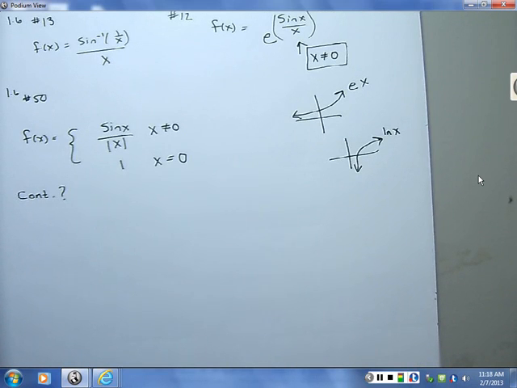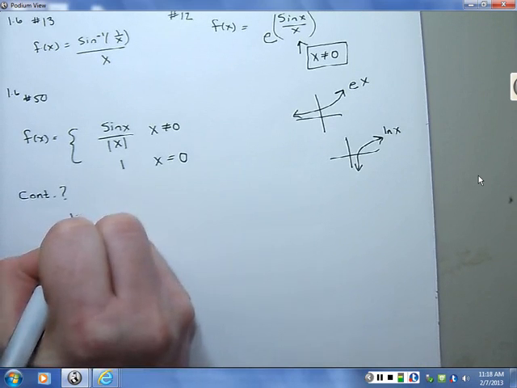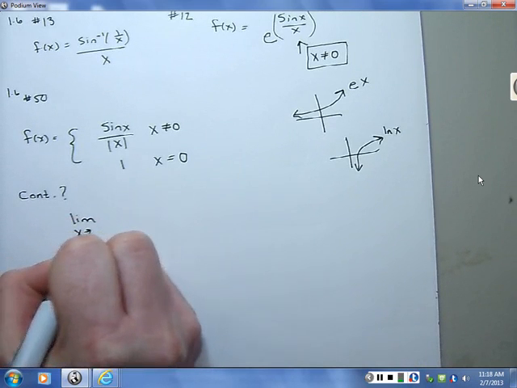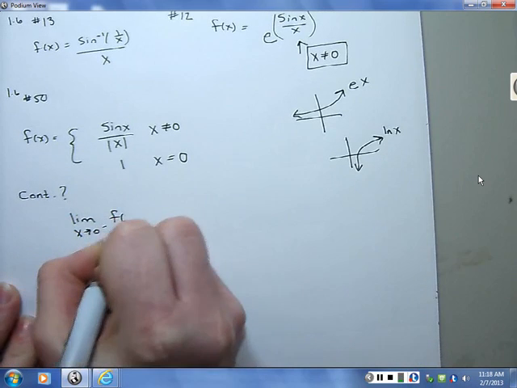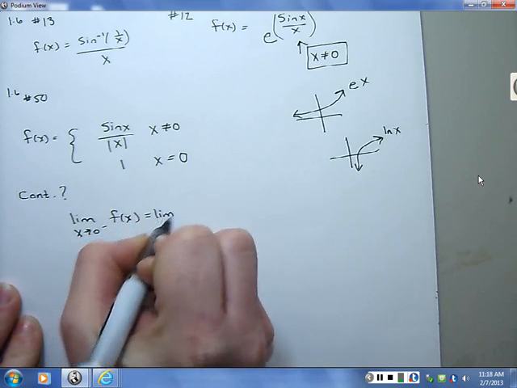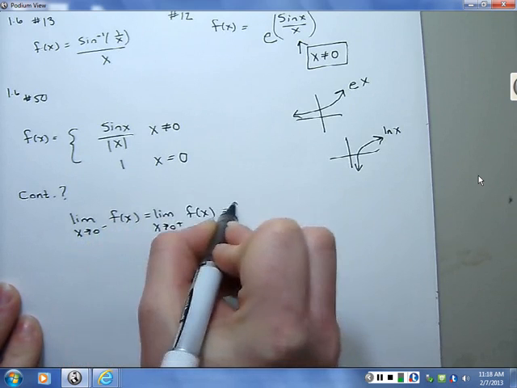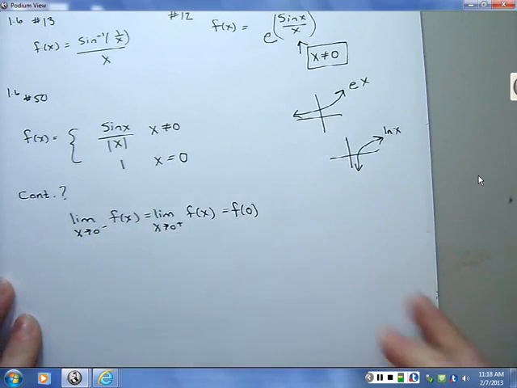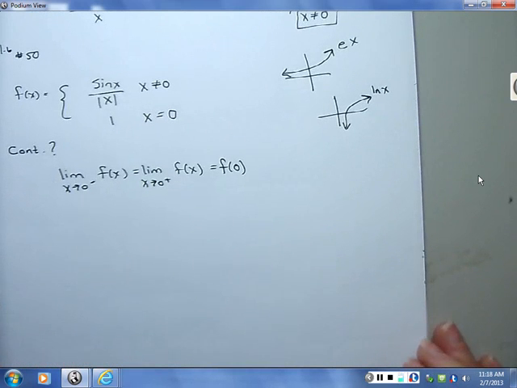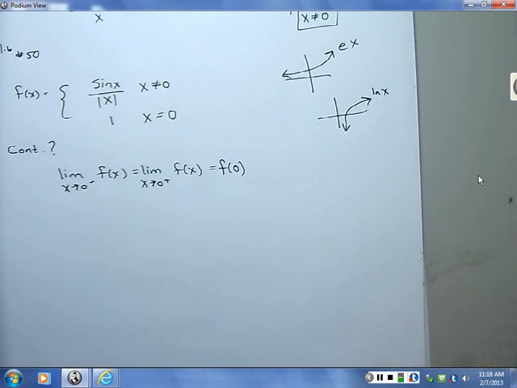The limit on the right needs to equal the limit on the left to equal the value of the function at the point. So for continuity, we need the limit as x approaches 0 on the left of the function to equal the limit as x approaches 0 on the right of the function to equal the value of the function at 0. If this fails, it's not continuous at x equals 0.